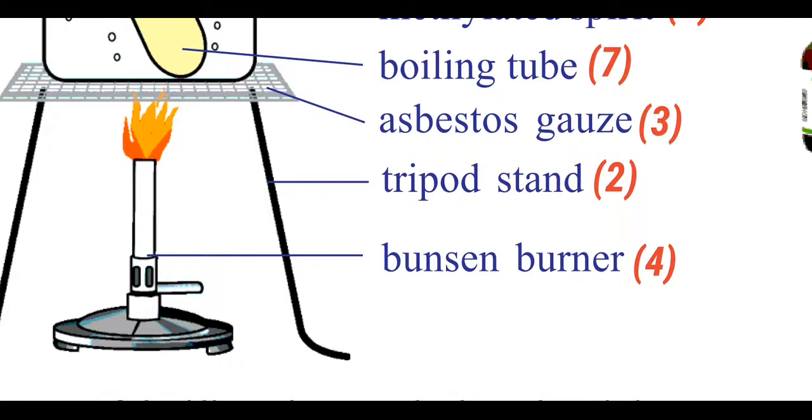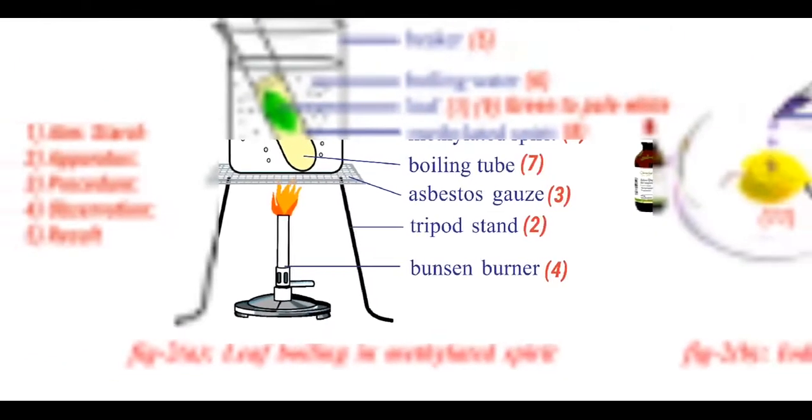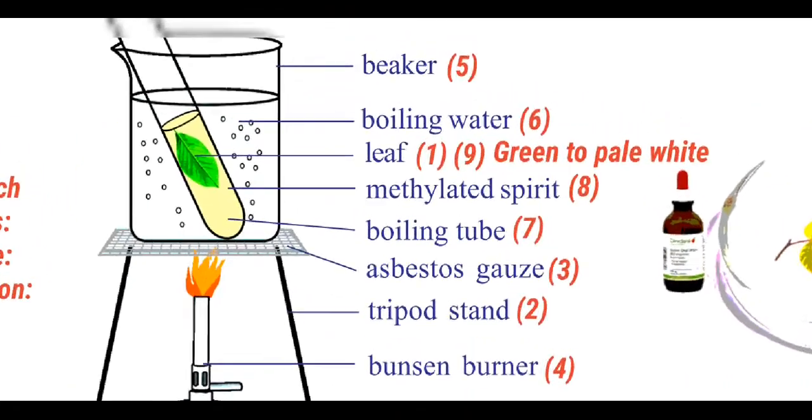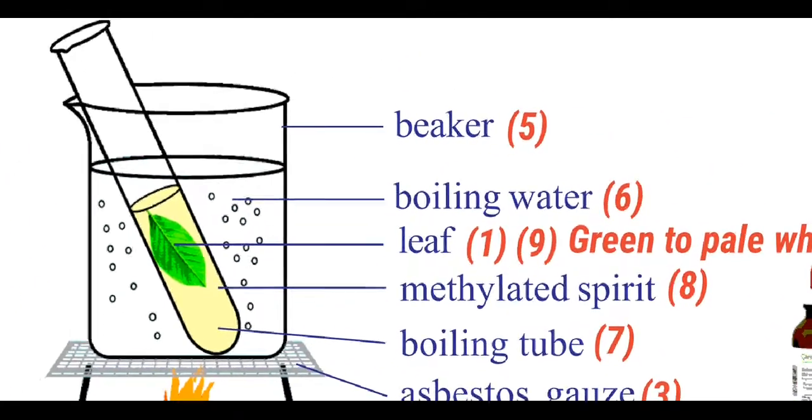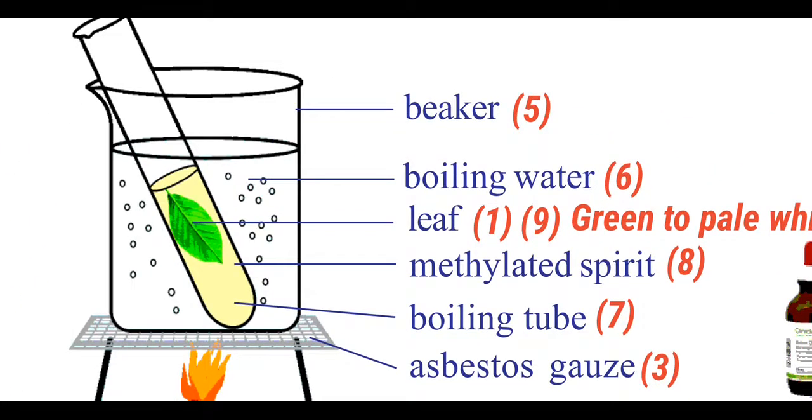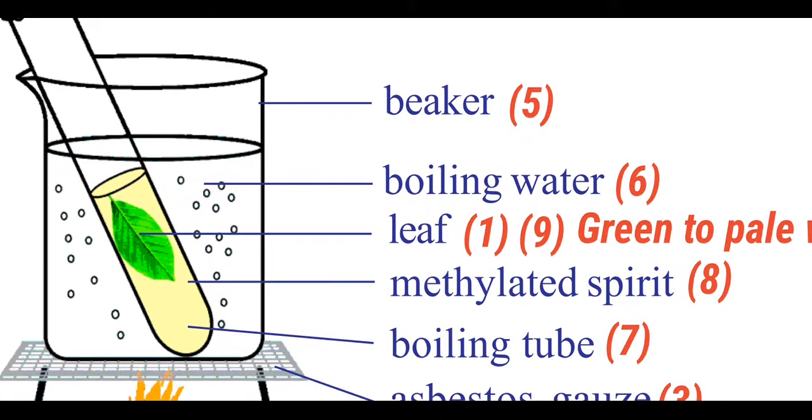Very simple language you can use. There is no need of any complex sentence. What is the fifth point you write? From the diagram itself we are writing. Fifth point is put a beaker on the asbestos gauze. Sixth point is put water in the beaker, or take water into the beaker.